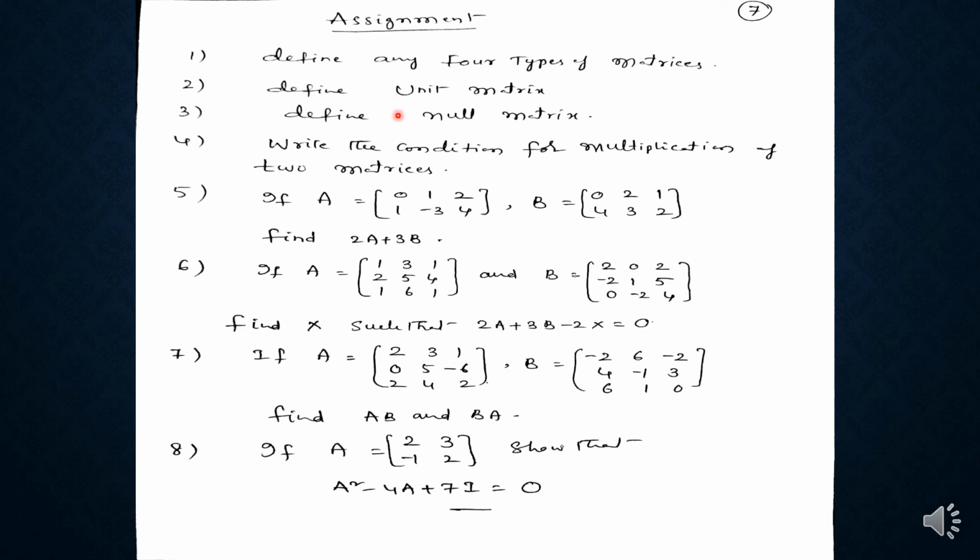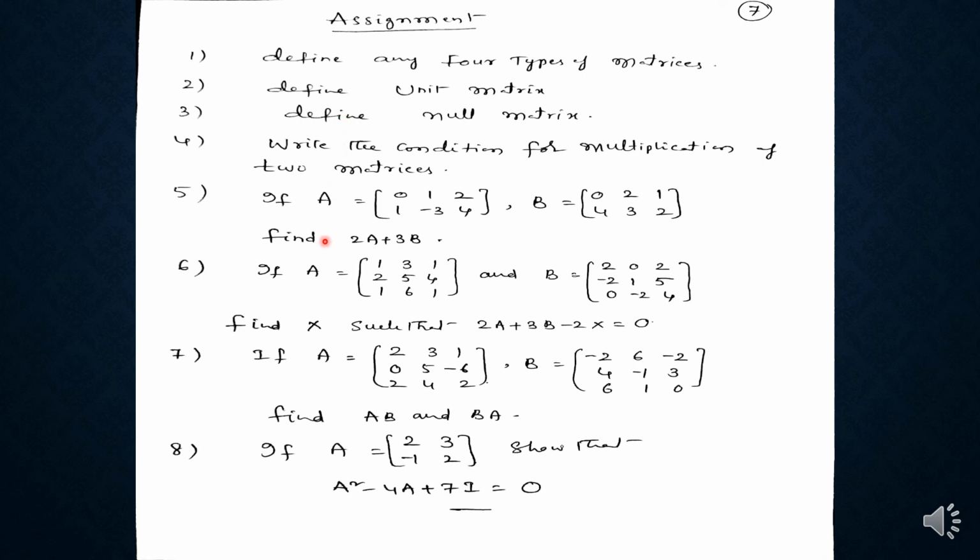Fourth question is write the condition for multiplication of two matrices. So multiplication of two matrices is possible when the number of columns in the first matrix must be equal to the number of rows in the second matrix. Then only the multiplication is possible. Otherwise, multiplication is not possible.